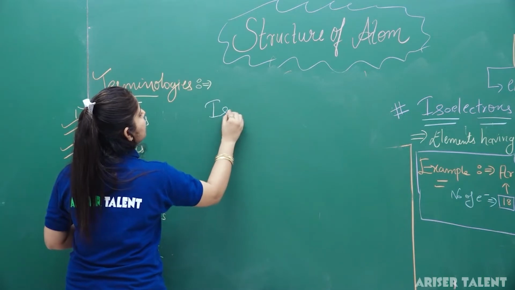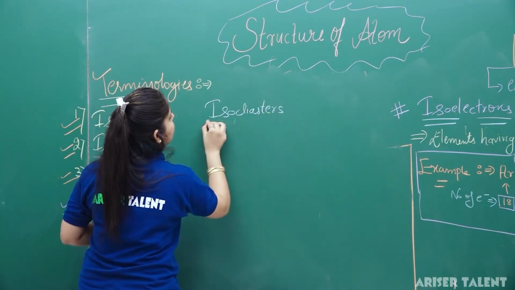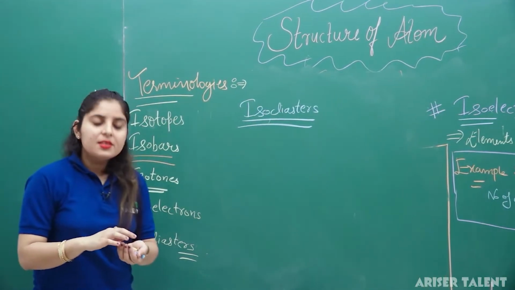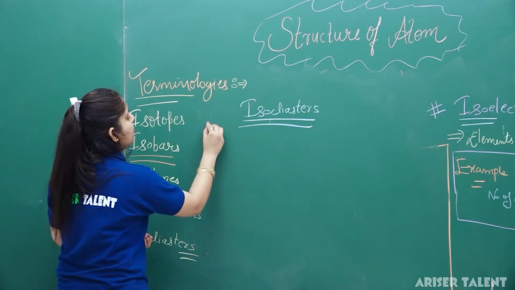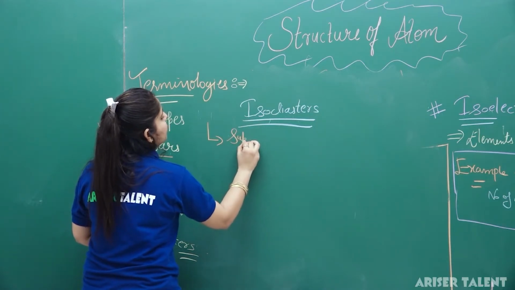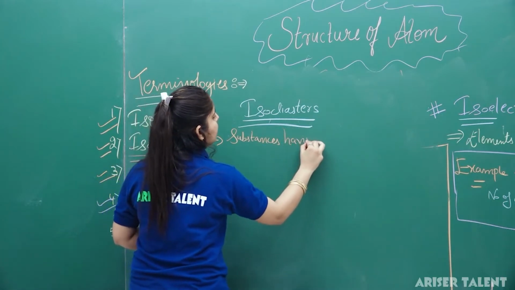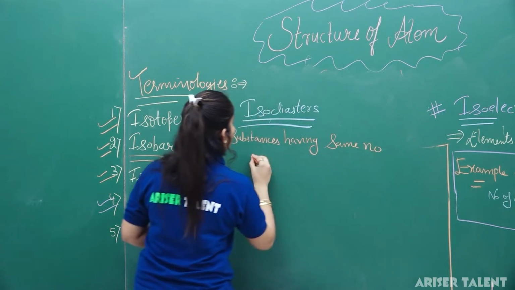Iso means same and diaphers means having the same number of atoms or protons. So isodiaphers are the substances having the same number of atoms and protons.